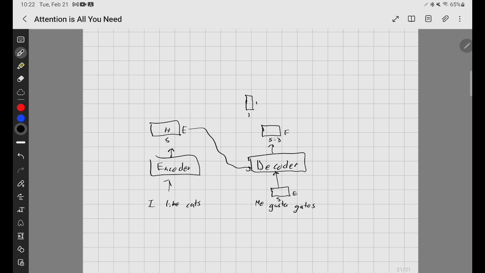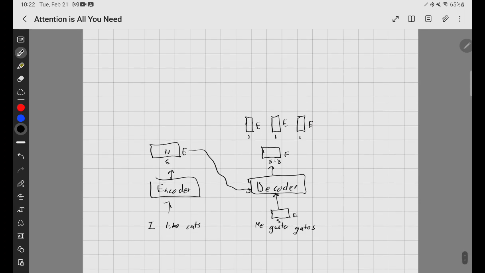So that'll be a 1 by E vector, a 1 by E vector, and a 1 by E vector. And if the masking is done right, then you can independently make a distribution for all of these, where this first vector represents the output distribution over the vocab for just the word me.